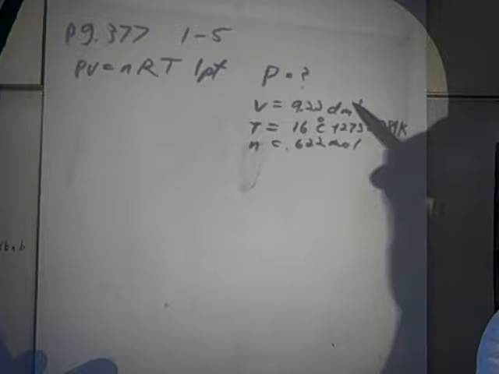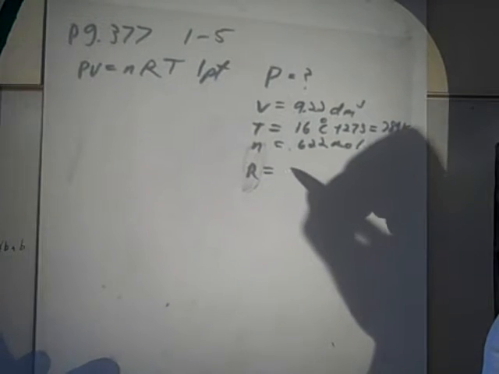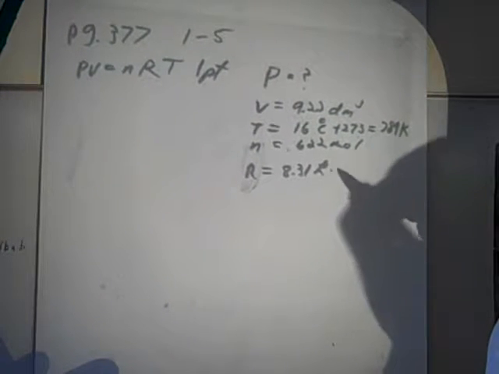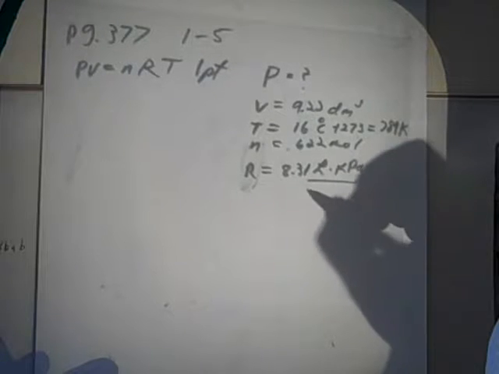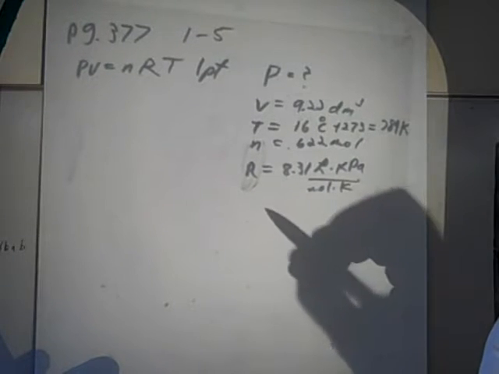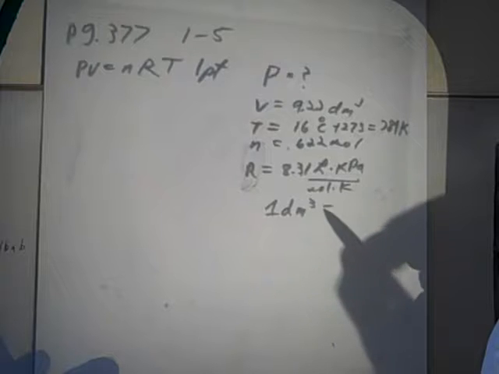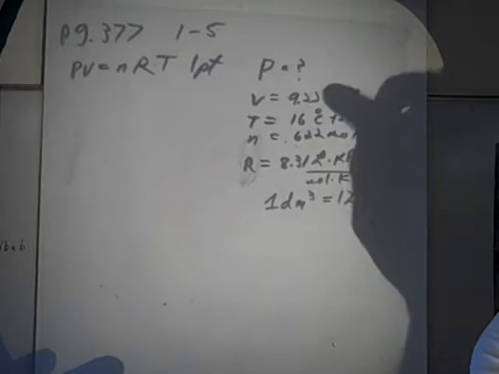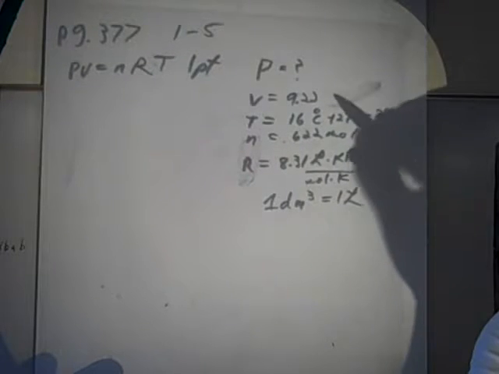Our volume must be in liters because the gas constant is in liters. But as you know, a decimeter cubed is a liter, so all I've got to do is change that to liters.